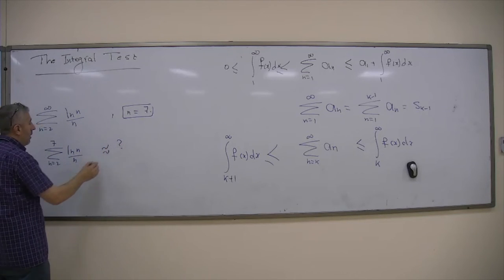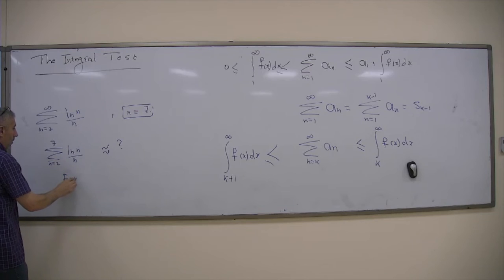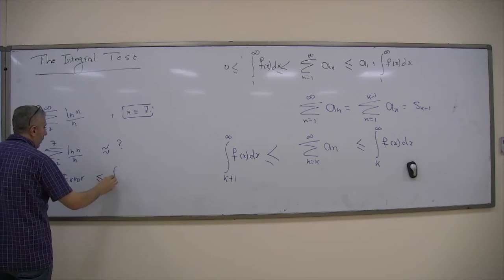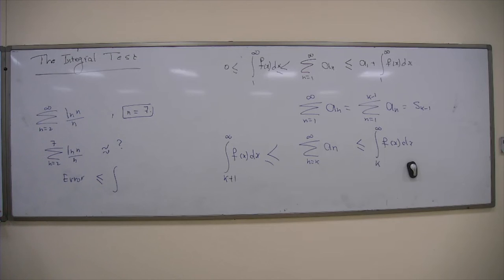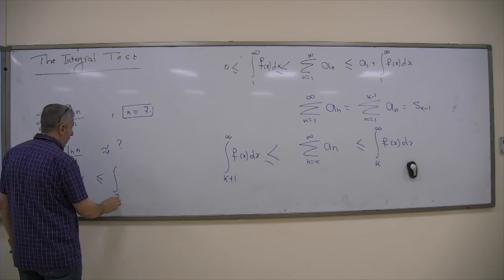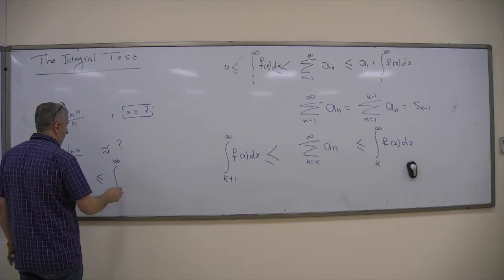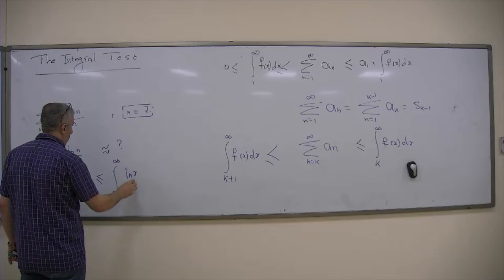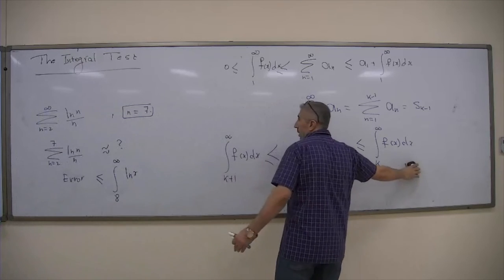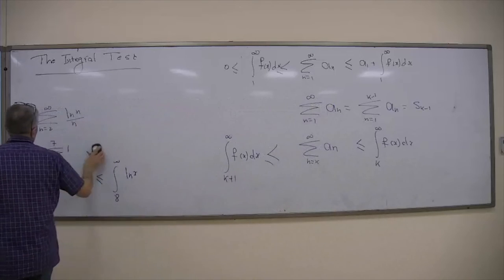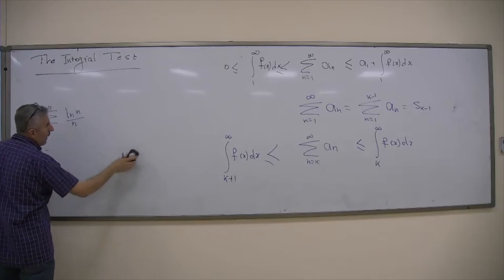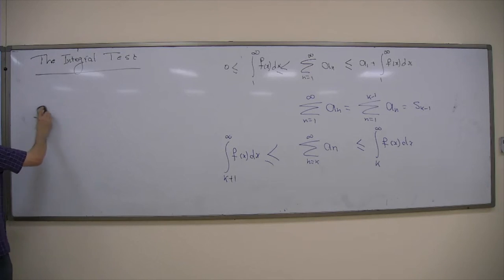And in that case, the error is going to be smaller than or equal to the integral, so here n is 7, so that will be the integral from 8 to infinity of ln x over x. Oh, sorry, this one is divergent. This is divergent, so we cannot use that to approximate the error. Let's take another one that is convergent.